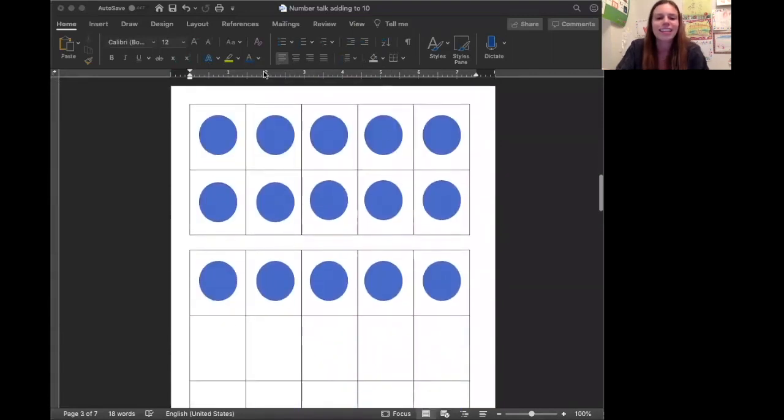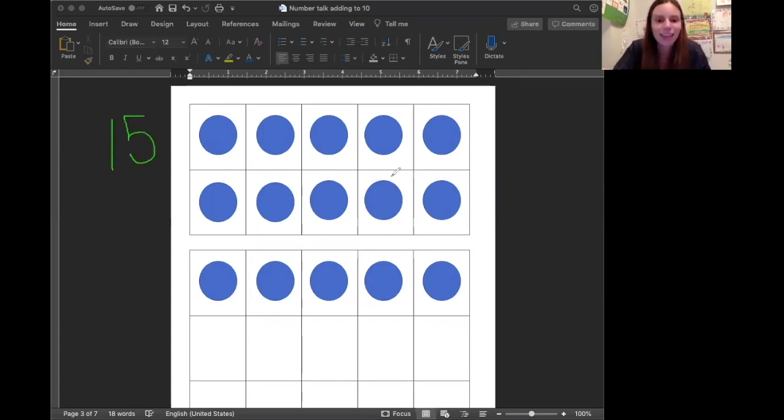All right, let's look at this one. How many dots are there? How do you know? You can say, my answer is 15 dots. And how do you know?